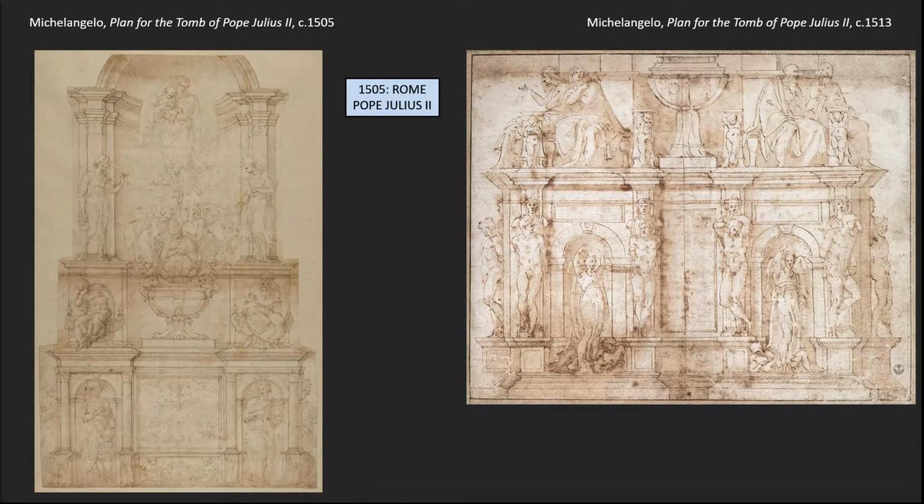And at the same time, he also wants to leave behind the most beautiful tomb that anyone has ever had. He's got this in the back of his mind, and when he hears about Michelangelo, he goes, there's my man, to design a tomb for me that will be greater than any tomb any pope has ever had.